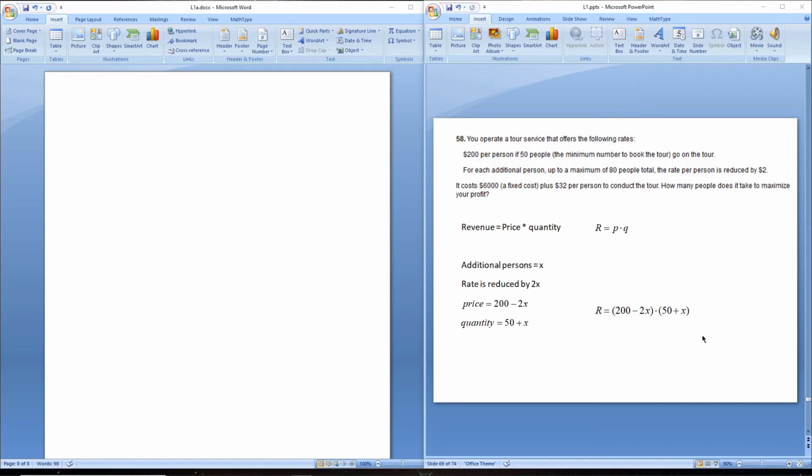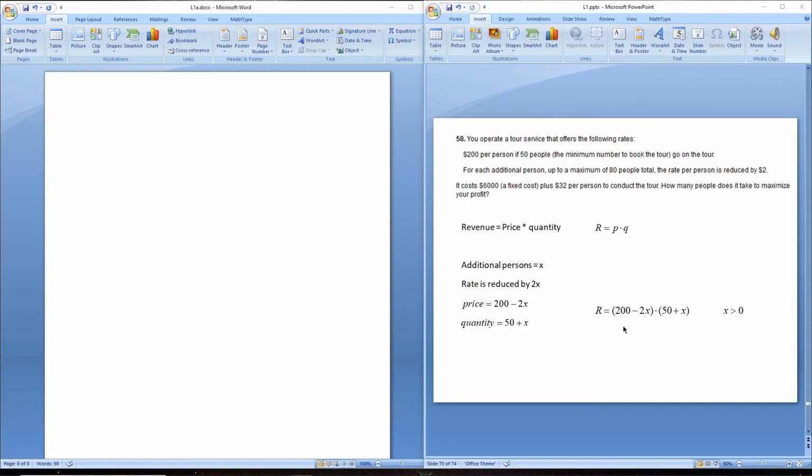I want to make a quick point here, something that confuses some students sometimes, because they'll ask, what if I have only 35 people on my trip? Does that mean X has to be minus 15? And no, X is additional people, and that's always going to be greater than 0. You can't have negative additional people.